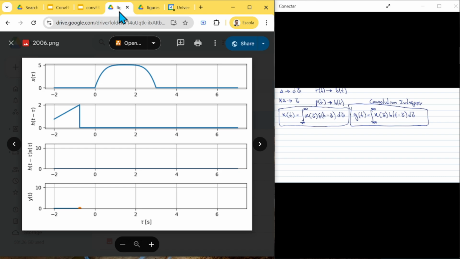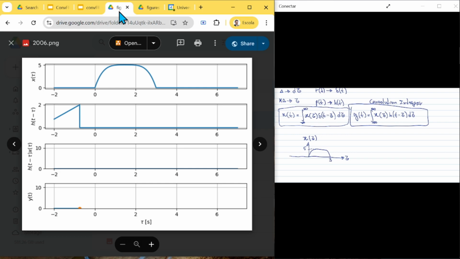So let's draw x of tau here. The time is tau. It is more or less like this, going up to 3 with maximum amplitude 5.